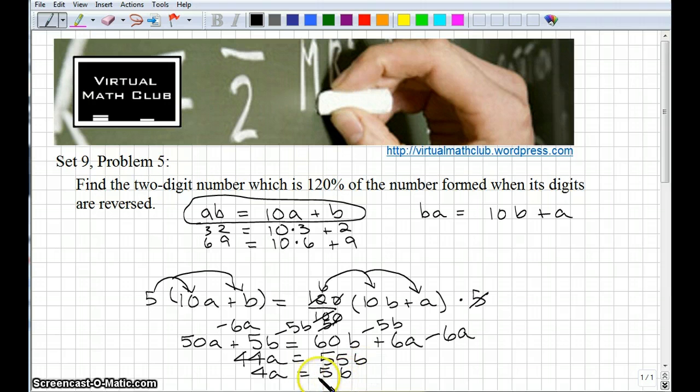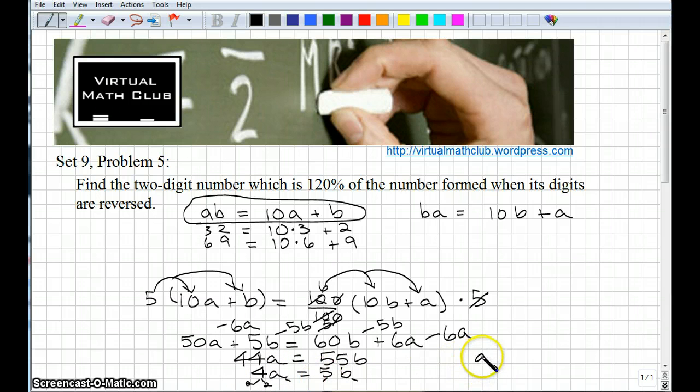So now I know that a and b have to be whole numbers because they're digits, so they have to be positive whole numbers. If I were to factor each of these sides, the 4 factors into a 2 and a 2, and I have an a. And the 5 is a prime, so it doesn't factor. In order for these two things to be equal, I have to have a factor of 5 on both sides.